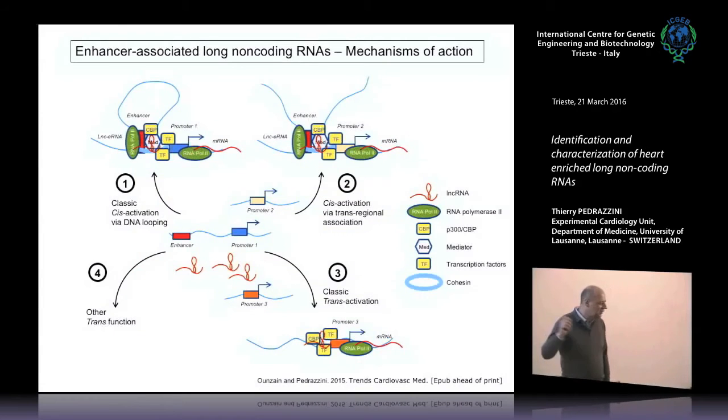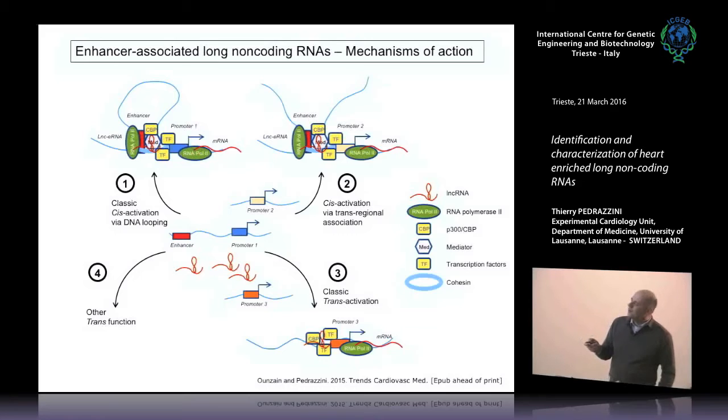So this kind of summarizes maybe the situation. So this is an enhancer, promoter, and so one situation is classical cis activation, when you have the enhancer associated to the promoter via a loop, and the transcript is important for formation and stabilization of the loop, and then activates the gene.